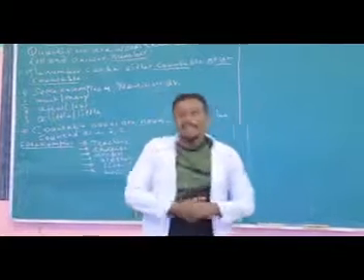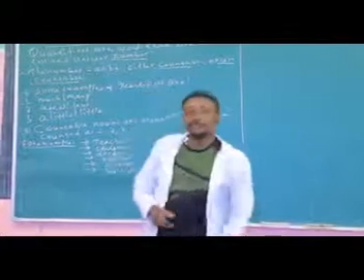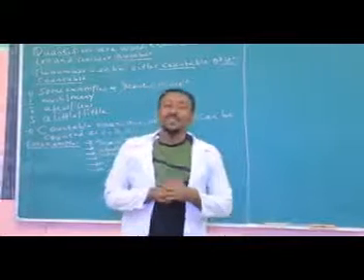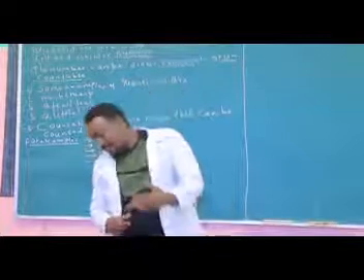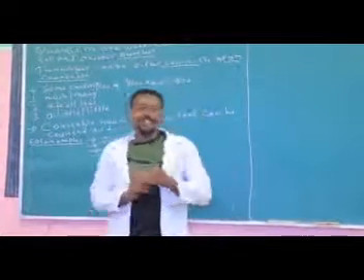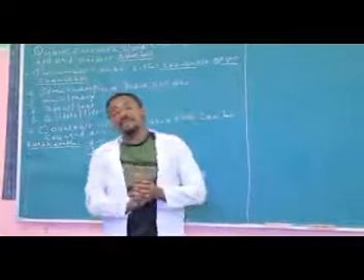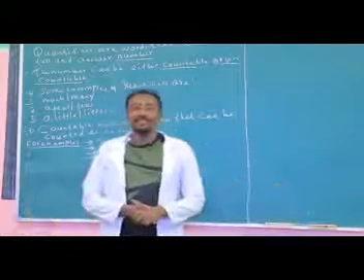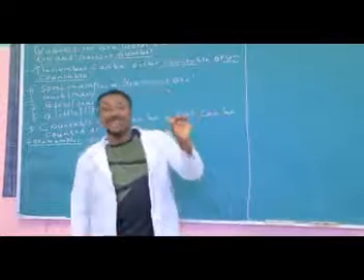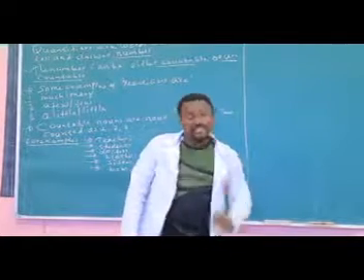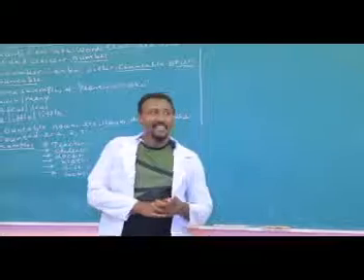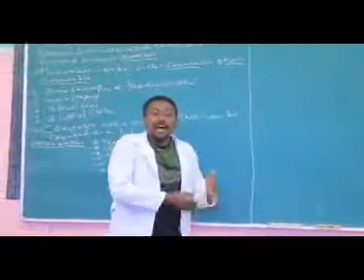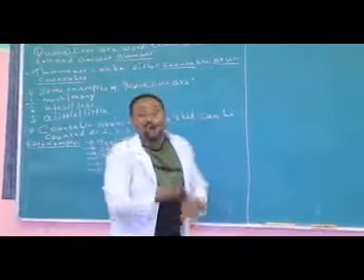We can count the number of teachers in the school, the number of doctors in the hospital, the number of babysitters, and the number of brothers and sisters we have. So, countable nouns are nouns that can be counted. Do you understand what a countable noun is? Good, students.